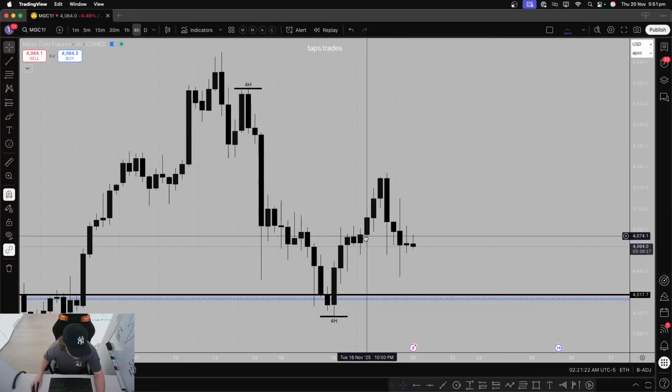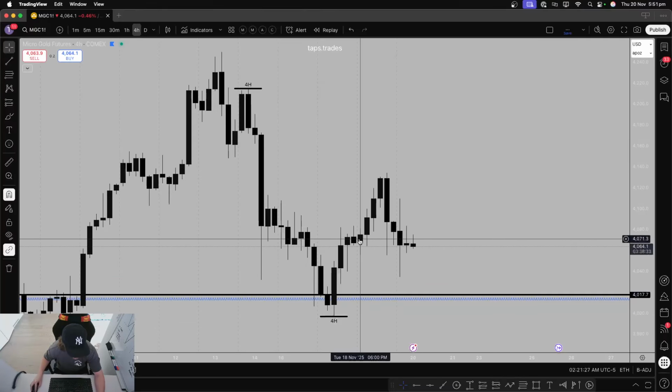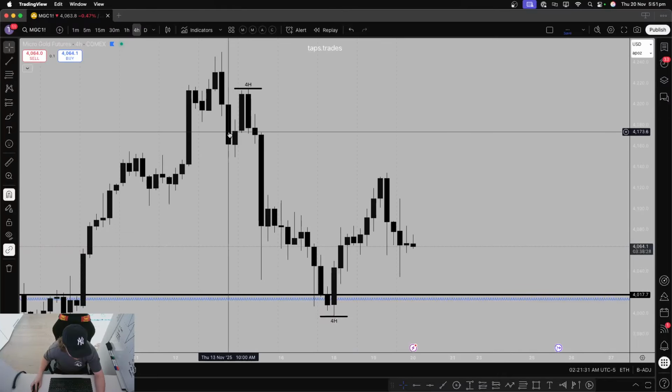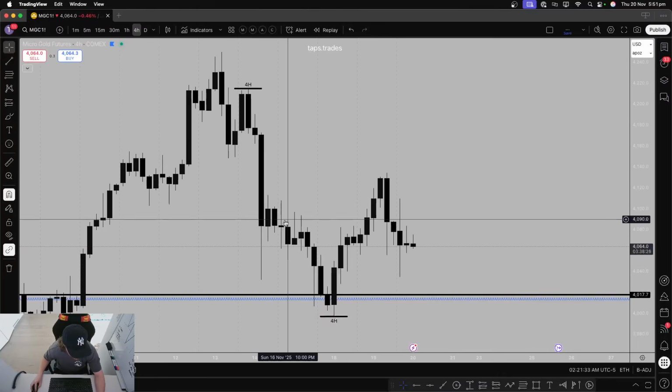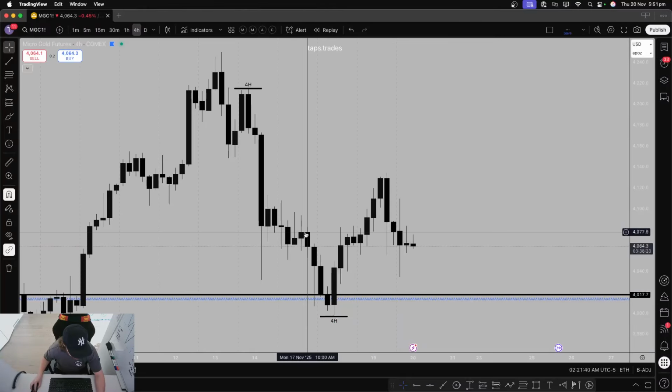So I would have come to the chart. I trade the London session, which is 3 a.m. UTC -5. So I'm looking at this point in time. We can see price has created lower lows and lower highs. Very obvious here. And at this point in time, this was our previous lower low.